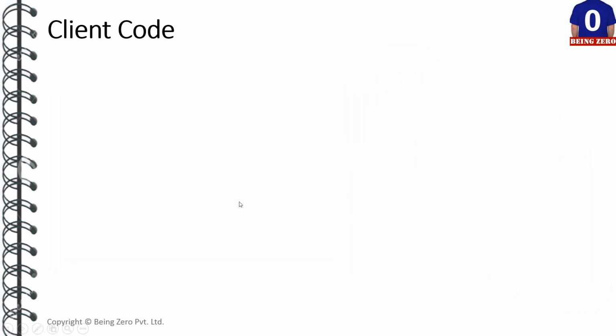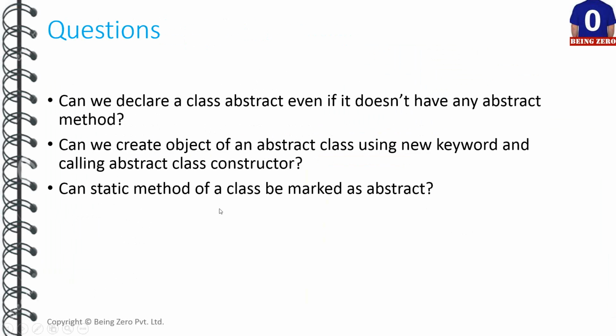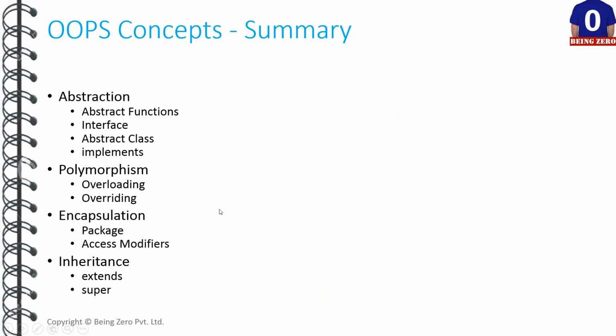And I'll show you the summary with which we started initially. So now you take a look at abstraction and inheritance. In abstraction, we covered the concept of abstract functions. What is an abstract function?